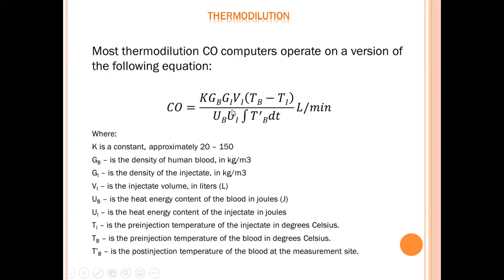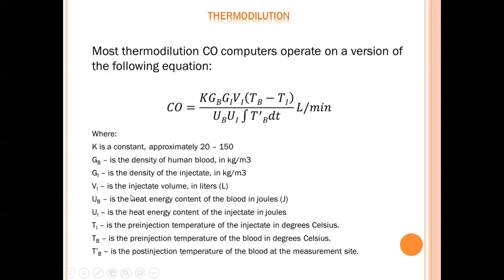So K in this equation is a constant of approximately 20 to 150, and GB is the density of human blood in kilograms per cubic meter. And GI is the density of the injectate, and VI is the injectate volume in liters.